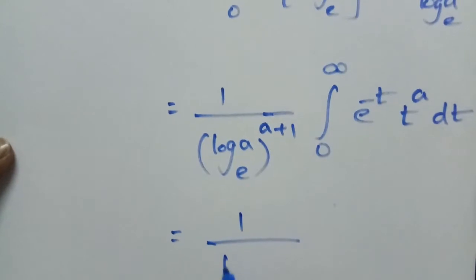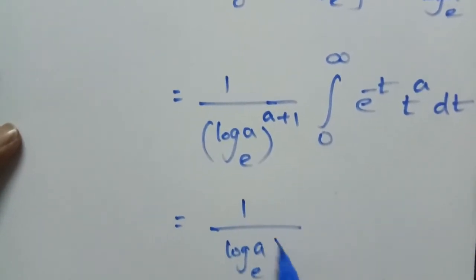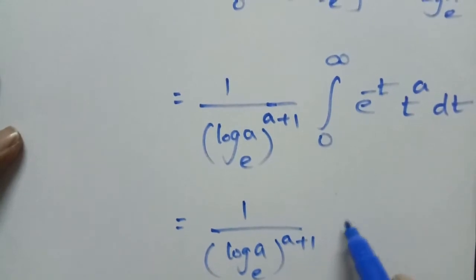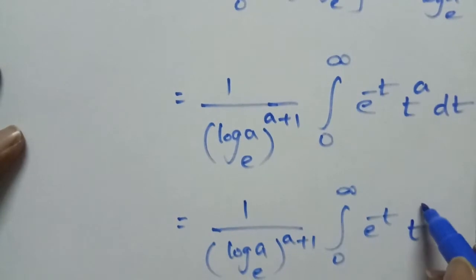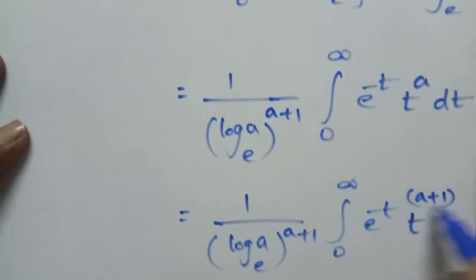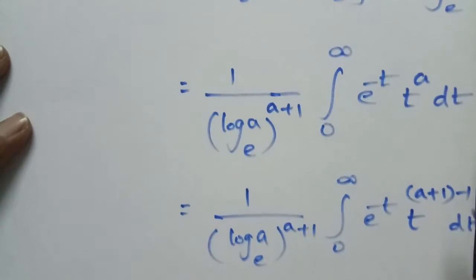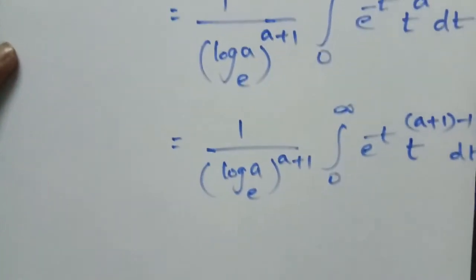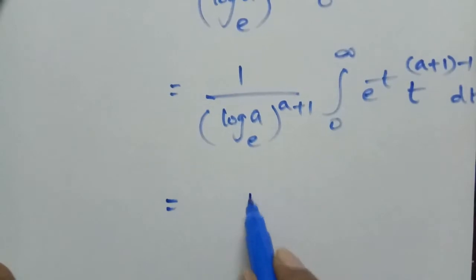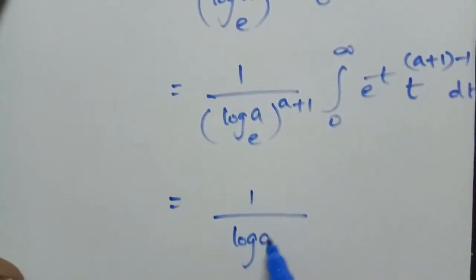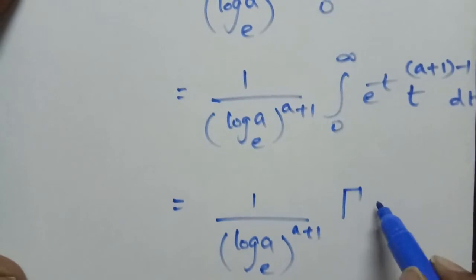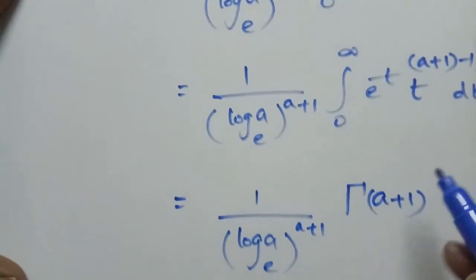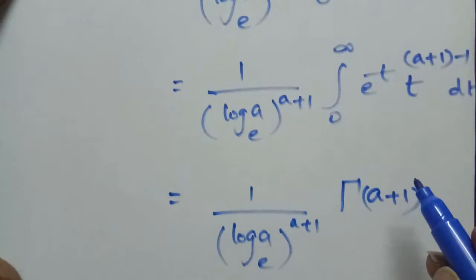So this can be written as 1 by log a base e whole to the power of a plus 1 into integral 0 to infinity e power minus t into t to the power of a plus 1 minus 1, adding and subtracting 1. Therefore this is of the form e power minus t, t to the power of n minus 1. So it is 1 by log a base e whole to the power of a plus 1 into gamma a plus 1, by the definition of the gamma function.